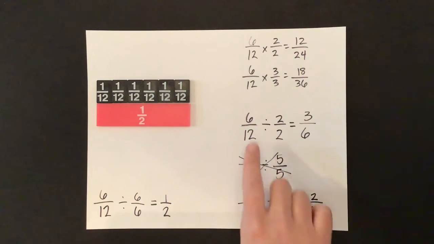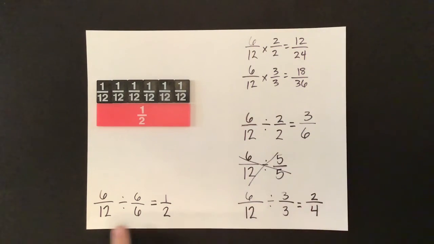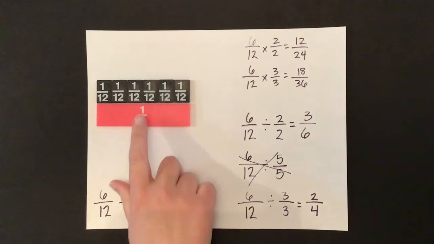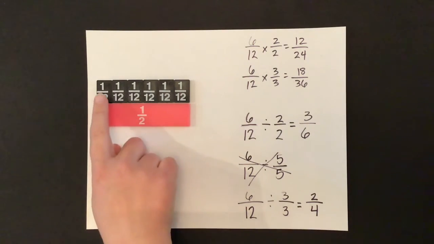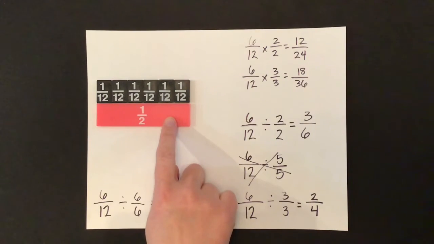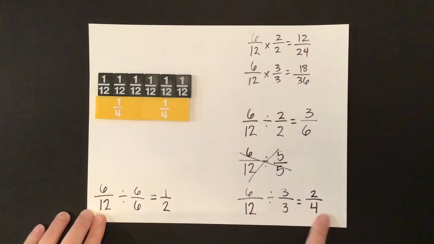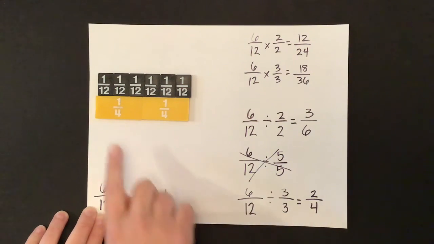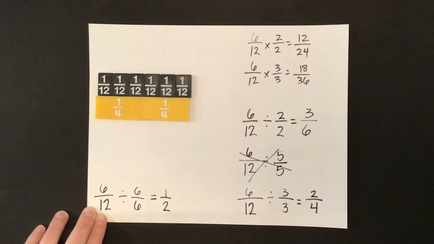6/12 and 1/2 are equivalent. Now notice every time I used division, the sizes of the pieces were bigger. So we went from 12ths to halves. Look how big that half piece is. Back here, when we did 6/12 divided by 3/3 and got 2/4, look at how big those fourth pieces were. When we use division, we're finding equivalent fractions with bigger sized pieces.